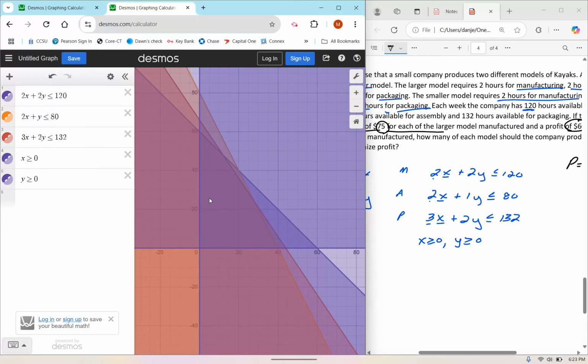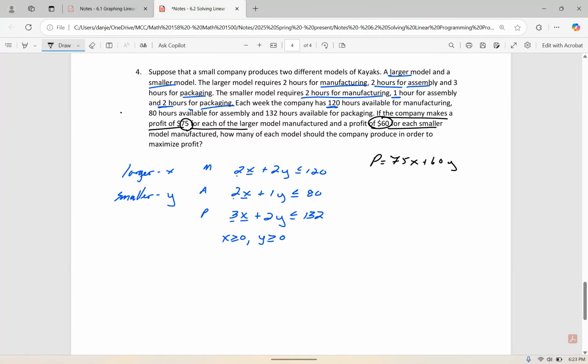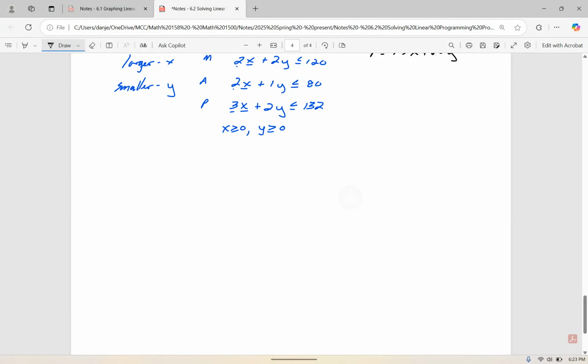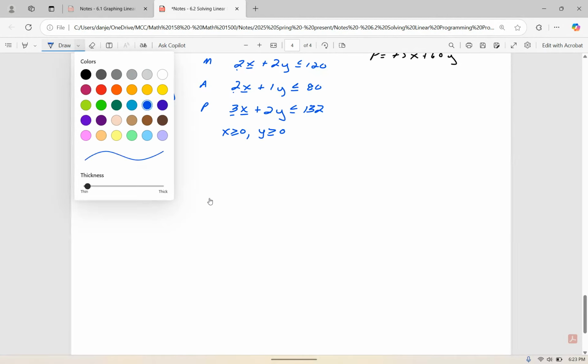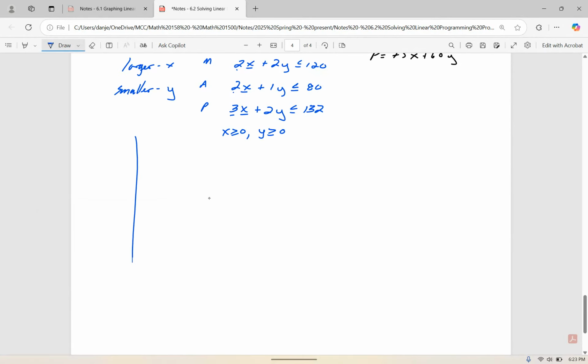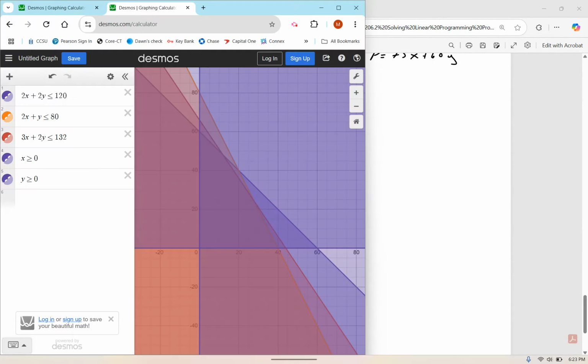Now, again, for those of you who are taking this for Math 158, I'm going to be looking for the graph. So if you have a test coming up with me, we're going to plot those points. But I'm going to flip back and forth here with my Desmos.